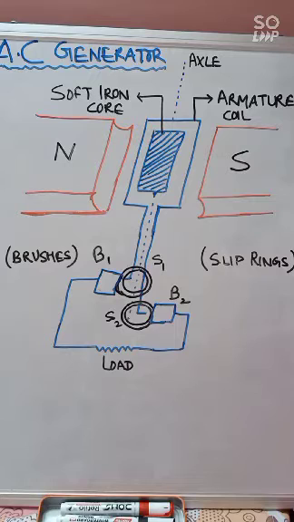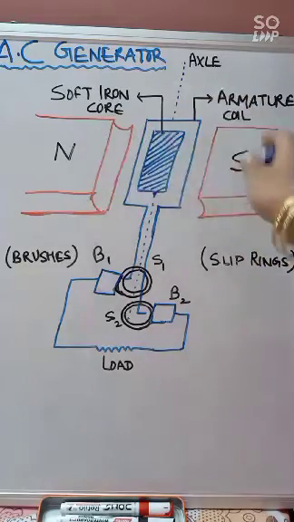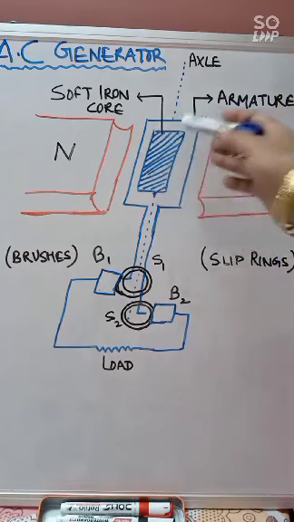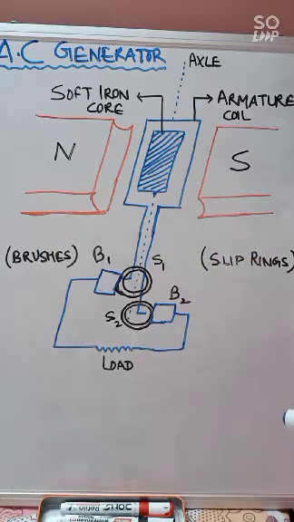And what is the principle of electromagnetic induction? That in a generator, a coil is rotated in a magnetic field, and due to rotation, the magnetic flux linked with the coil changes, and therefore an induced EMF appears between the ends of the coil.